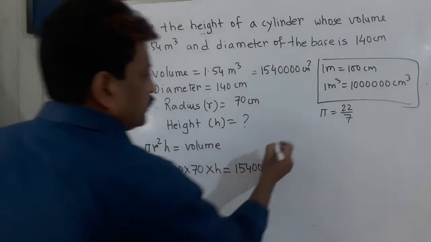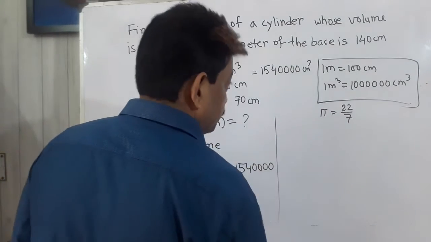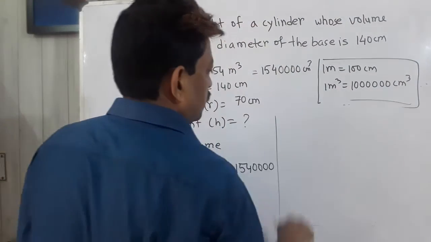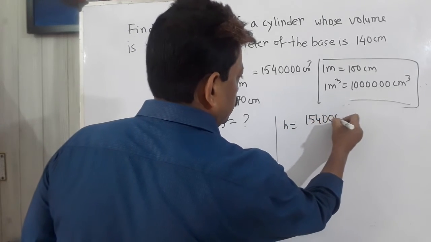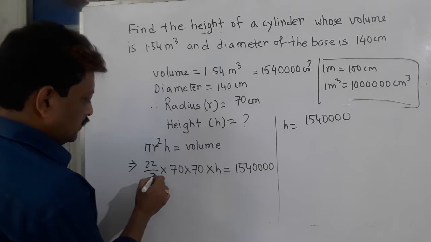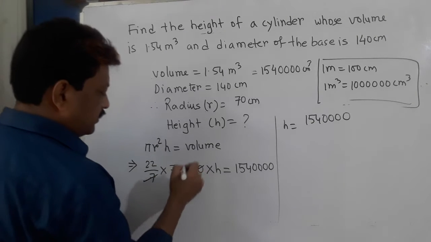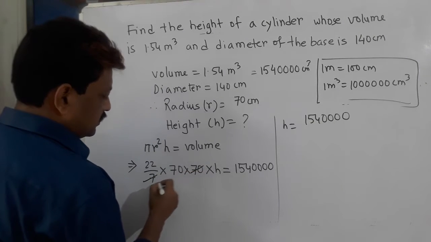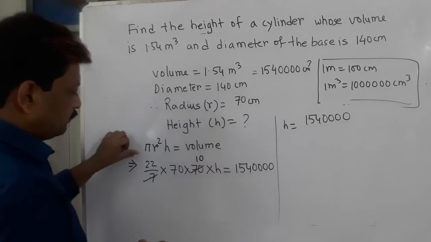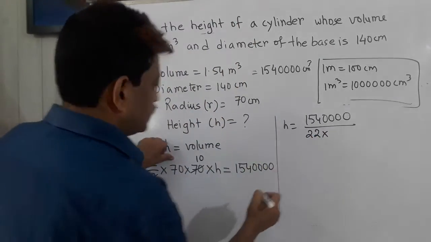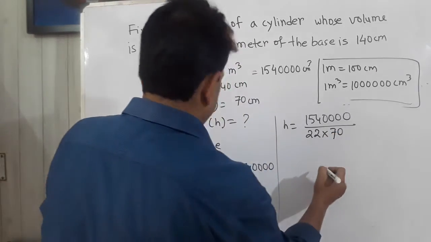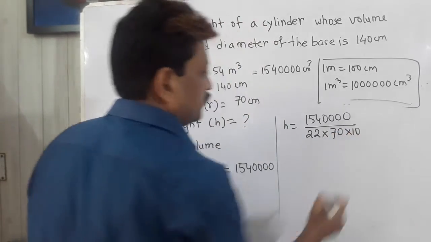So here h is equal to 154, then 4 zeros, divided by 22 by 7, into 70 into 70. Let me cancel 70 here. 70 divided by 7 is 10. So it will be 22 multiplied by 70 multiplied by 10.